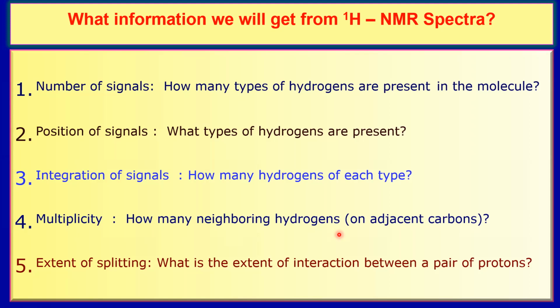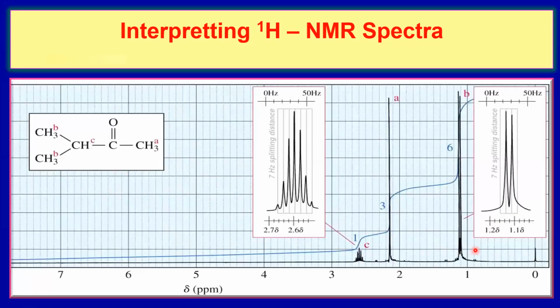So in this video, let us focus on the number of signals and also the integration of signals. Most of the time a question can come combining these 2 aspects. Look at here. So we have 1, 2, 3 signals. Under each signal, these are the areas that will indicate the ratio of those protons.